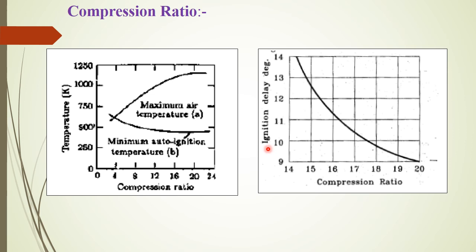One can also ask, why don't we use a very high compression ratio in CI engine? Why is it only between 12 and 20, not beyond 20 or 22? There is a practical disadvantage of a very high compression ratio: the mechanical efficiency tends to decrease due to the increase in the weight of the engine parts.